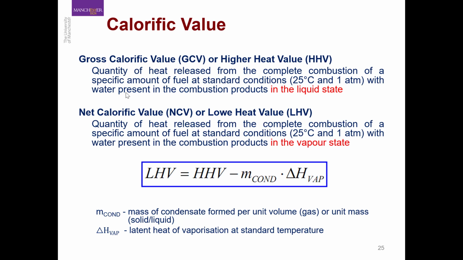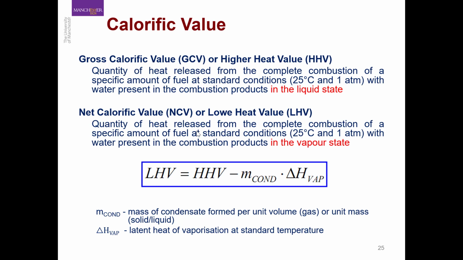The main difference between these two is the state of water present in the flue gas after the burning of the fuel. Here you have the quantity released after complete combustion at standard conditions in which the water is present in liquid state, while for the net calorific value, the water is present in the vapor state.